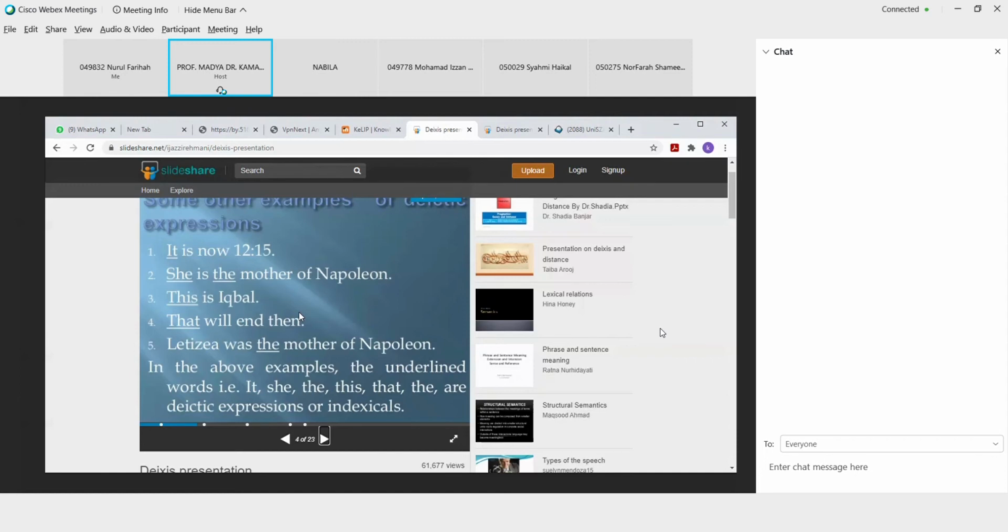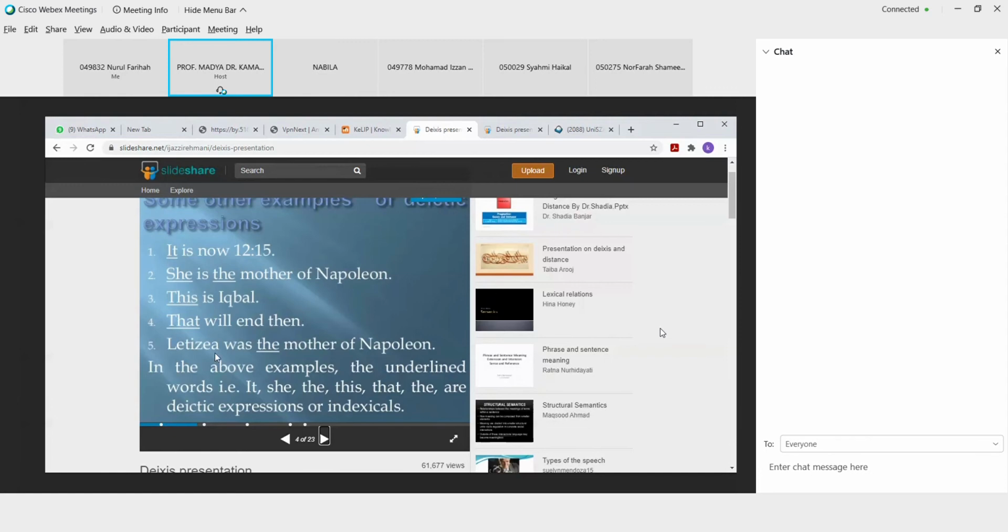Something is implicit, but the content is there in the proposition. So you can understand this difference fully when you read chapter 9. We go to that later, but today we will look at deictic expressions first.